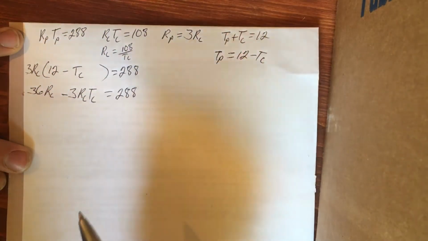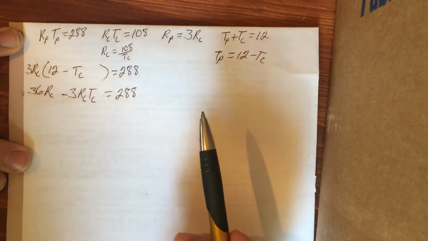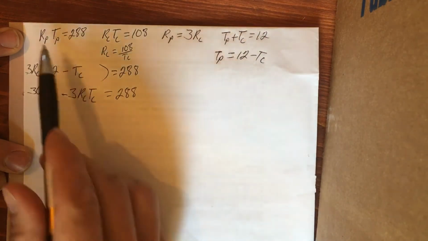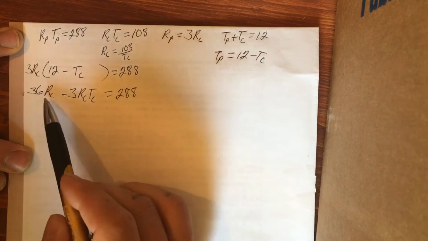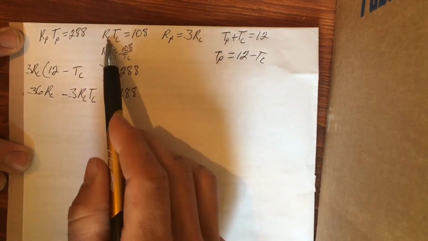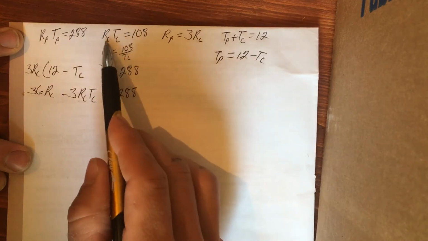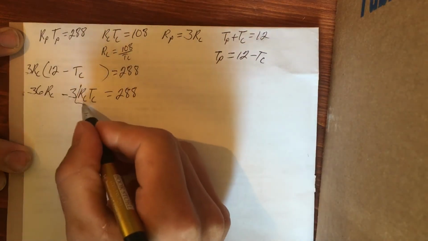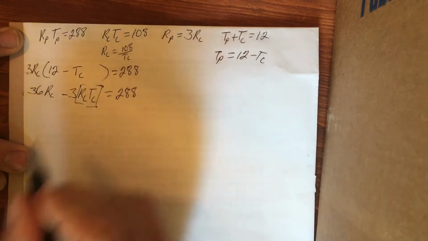What we can do is look back up here and say, is there RC? No, there's not RC. But RCTC, we have RCTC exactly up here, and we know that RCTC equals 108. So that means this information is 108.